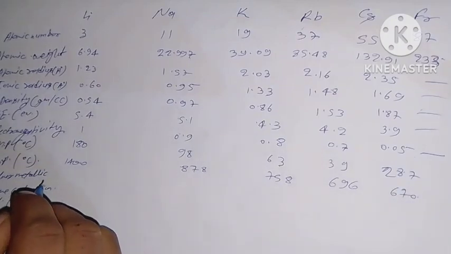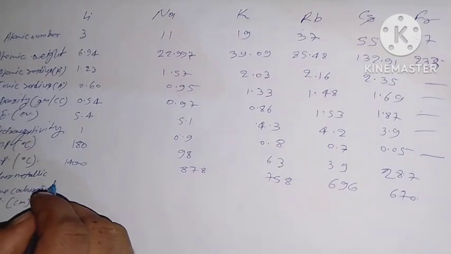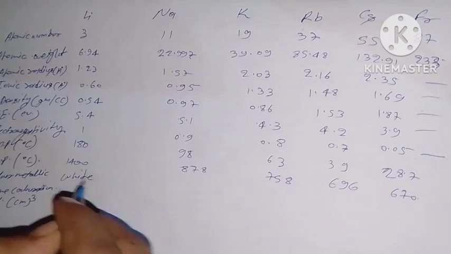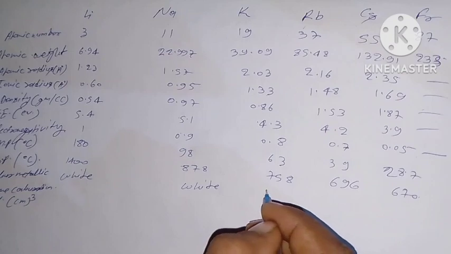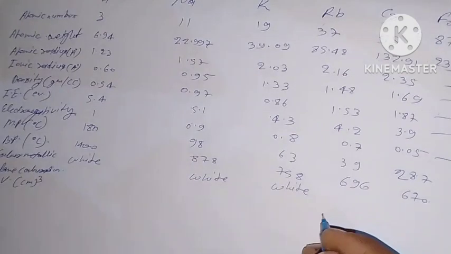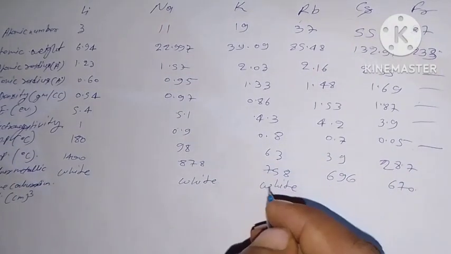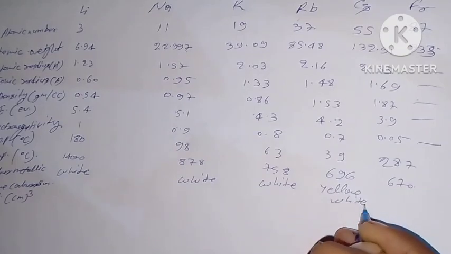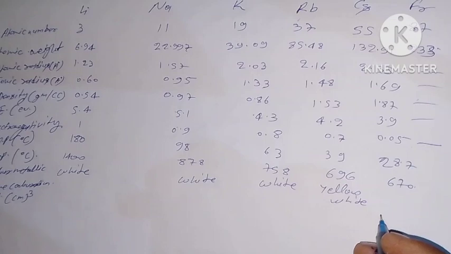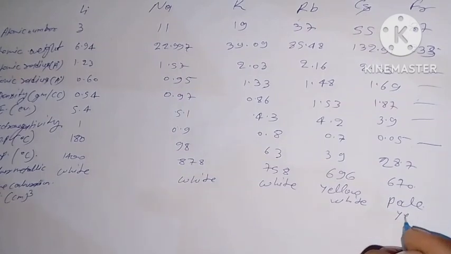Color: lithium, sodium and potassium are white, rubidium is yellowish white, and cesium is pale yellow.